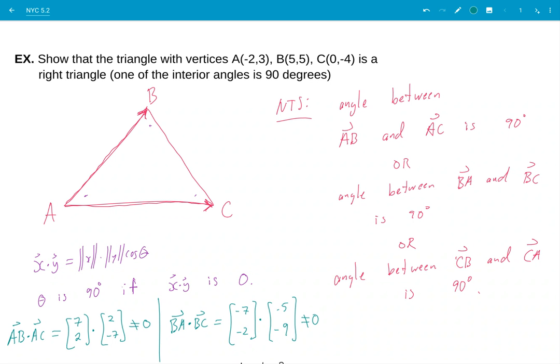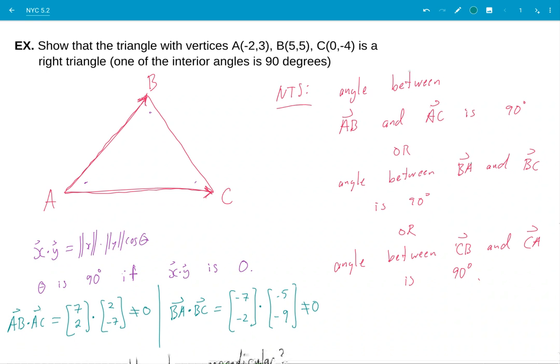So yeah, I can see that's not going to be 0. So finally, I'll look at CB dot CA. (5, 9) dot (negative 2, 7). 14. Oops. So this is also non-zero.